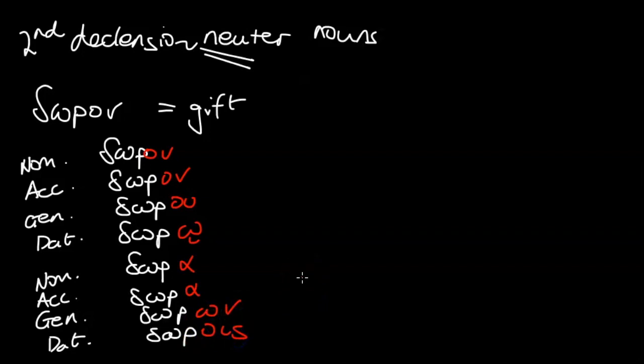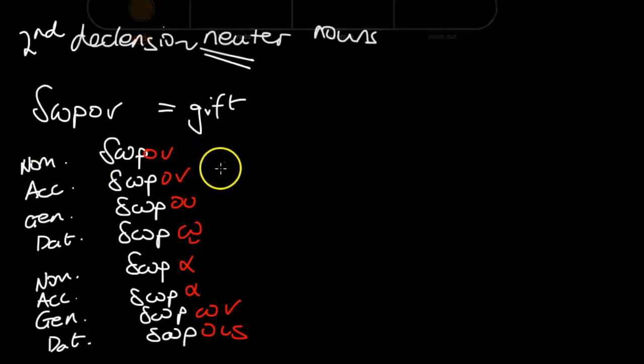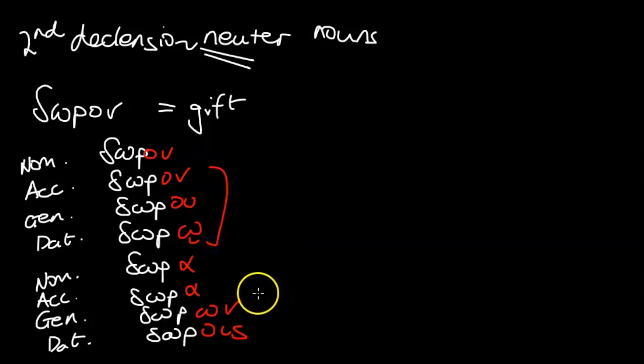Okay, so obviously these are the same as the masculine second declension nouns, and they are similar to the definite article, except that instead of tou, we have dōron. Okay?